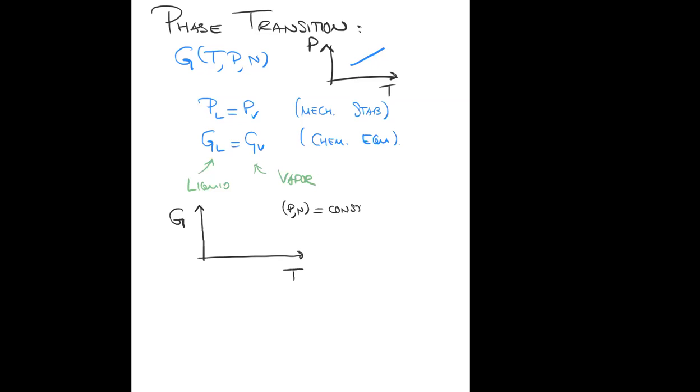As a function of temperature, this is now going this way. Eventually I encounter this phase transition line. There's some Gibbs free energy, doing something, and then eventually I encounter this phase transition.